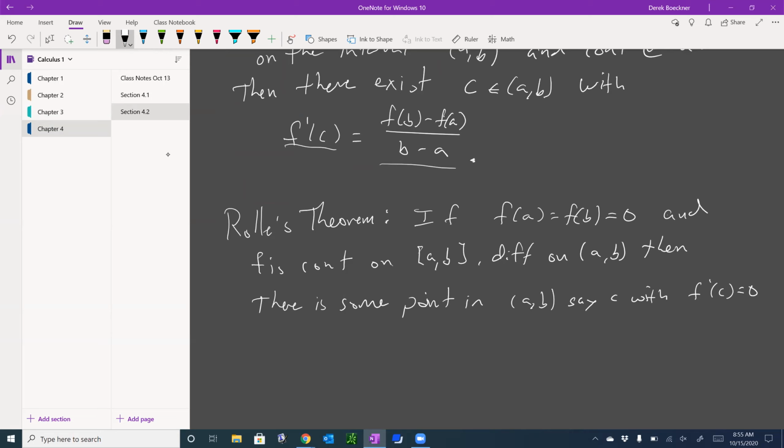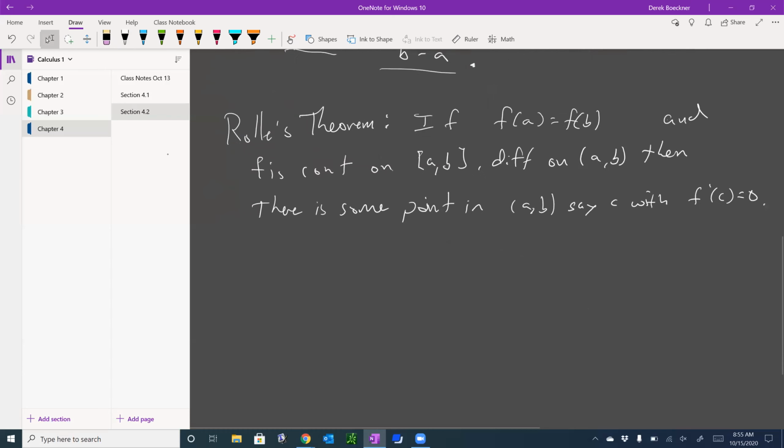Right. I don't even need this to equal 0, actually. I just need f of A to equal f of B, right? That just says if you start at some point and you come back to that point and you did it in a continuous way, there's some place where you had to have been flat.